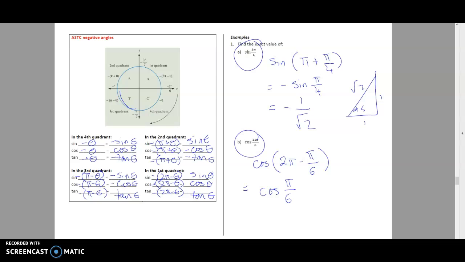So cos 30, exact value triangle. See how often we use these? Root 3 on 2. And it's positive in the fourth quadrant for cos. So all stations to central, there it is. Up here we were in that quadrant, so this is going to be root 3 on 2. And that's the content for today.